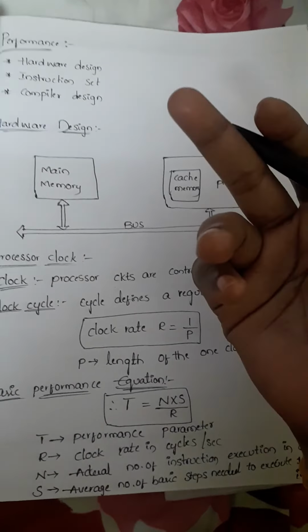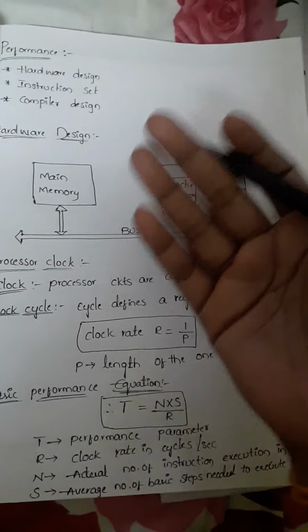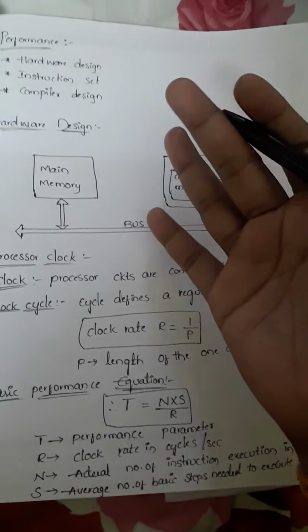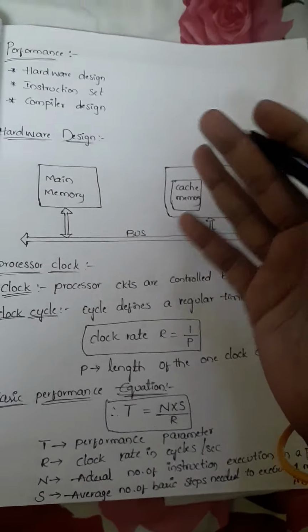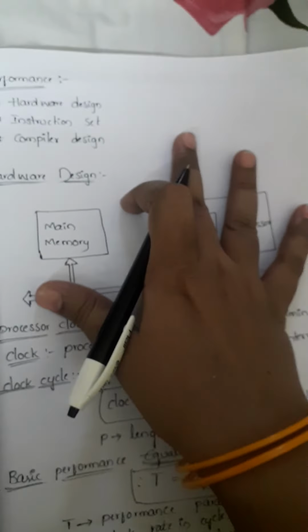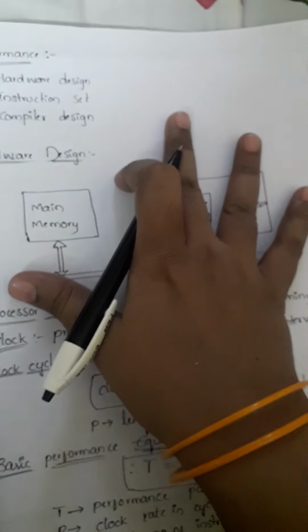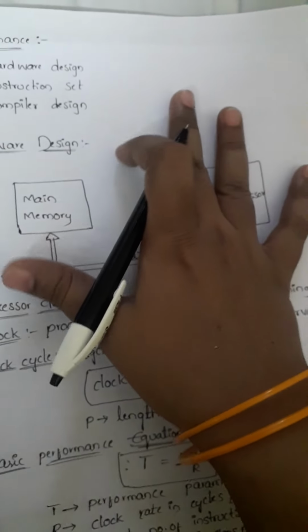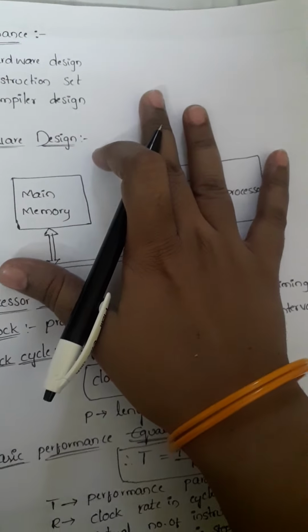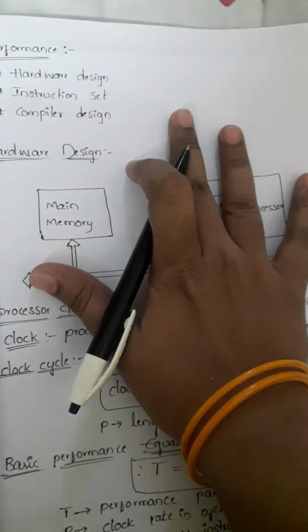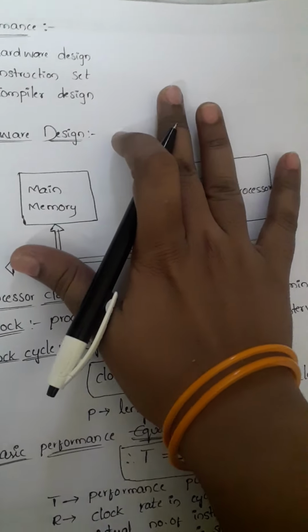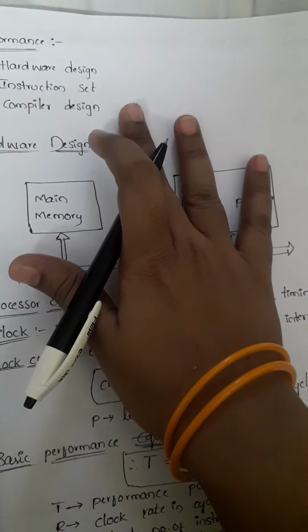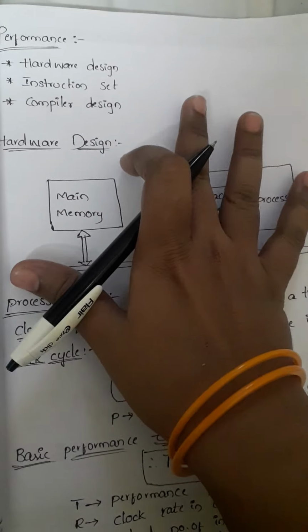Whenever it quickly executes the programs, that system performance is very high, right? So we want to find out the measure of the computer based on how quickly it can execute the programs.